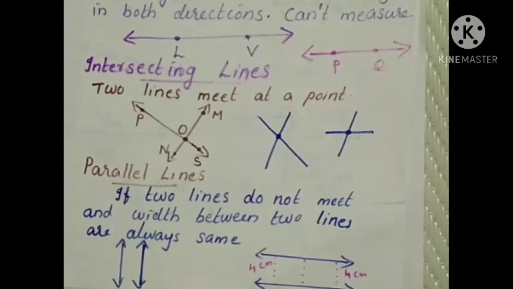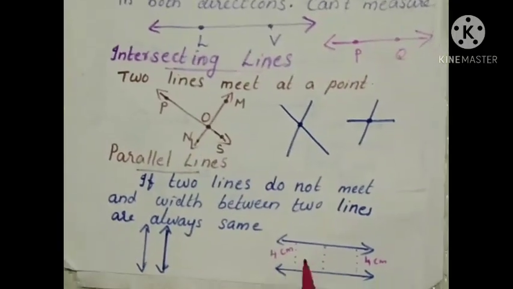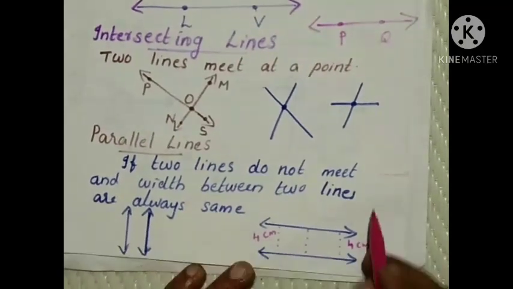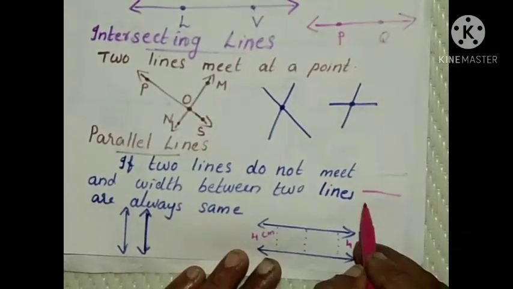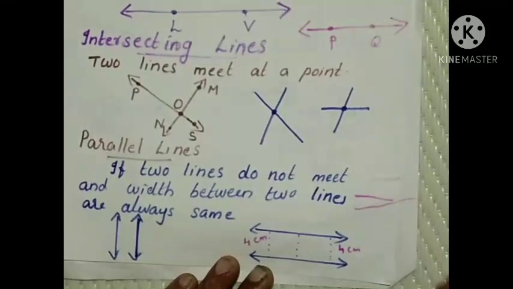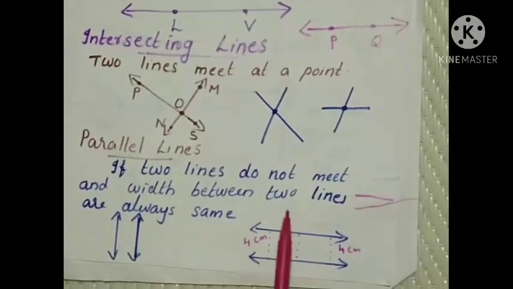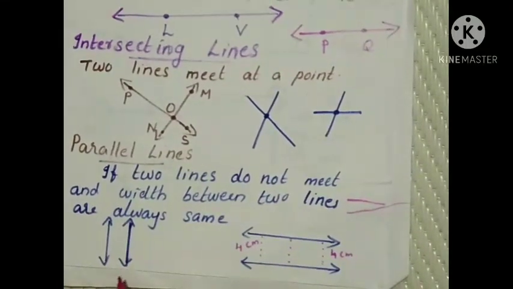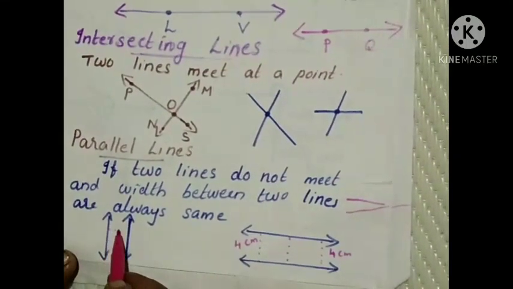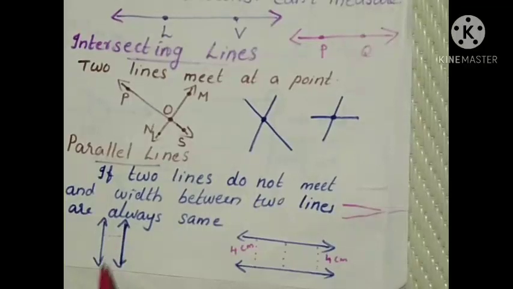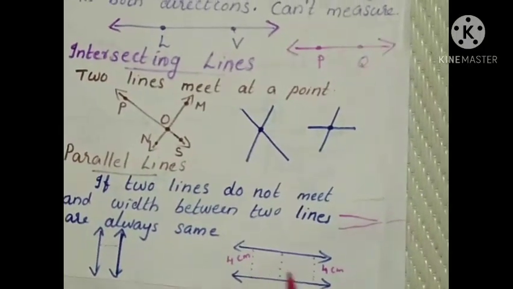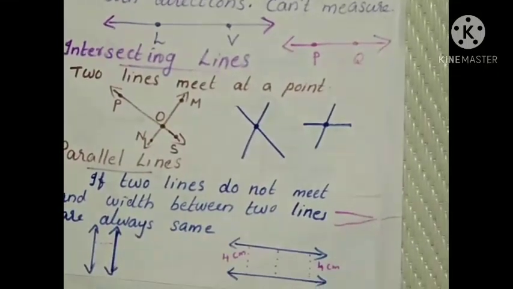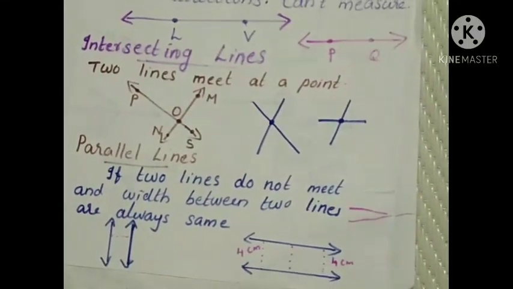If two lines do not meet, the width between them will always be equal. If the width is not equal, going this way they will meet somewhere. Therefore, if two lines do not meet and the width between the two lines, width means the breadth between them, is equal. If it is 5 here, it will be 5 here. Therefore, all the distances between two lines are the same. Understood? Parallel lines do not meet.